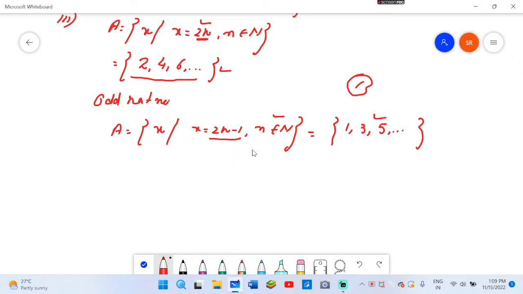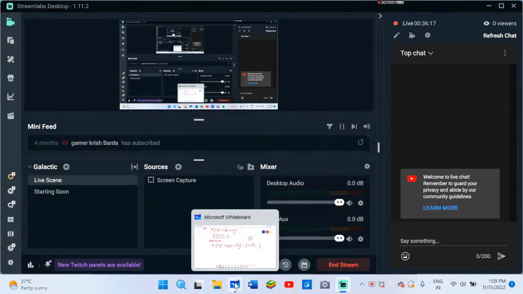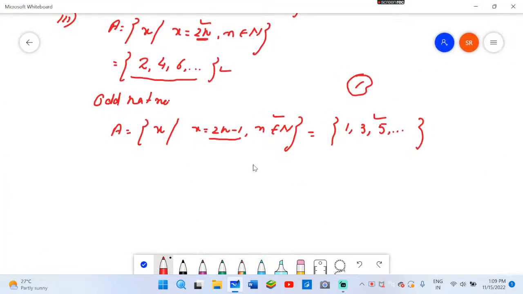By putting value for n, we can get the corresponding natural number, which will be, of course, odd natural number.